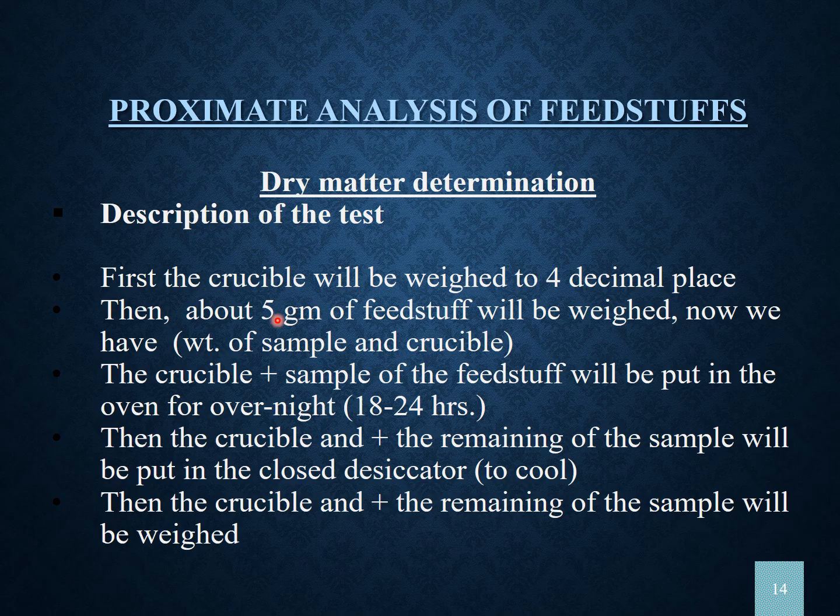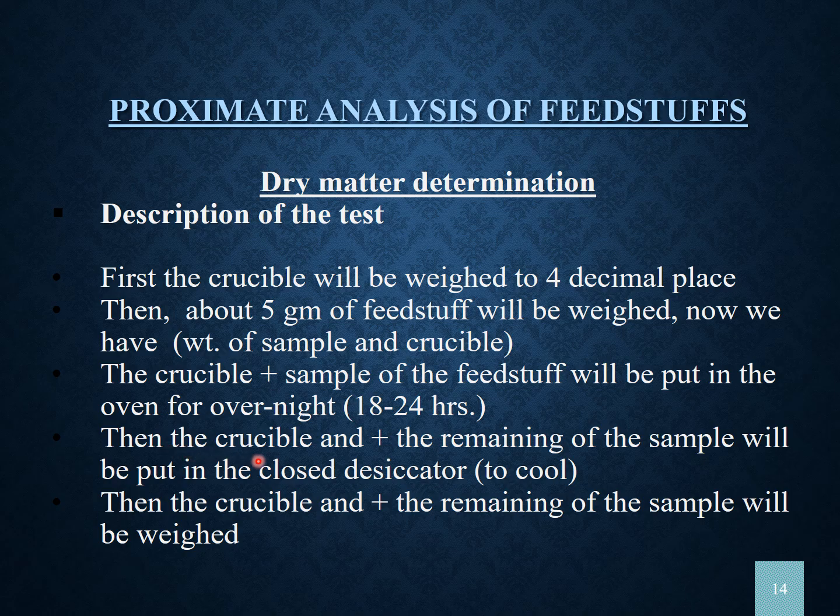Okay, then the crucible plus the sample of the feedstuff will be put in the oven. So you put the sample in the crucible and put it in the oven overnight, 18 to 24 hours.